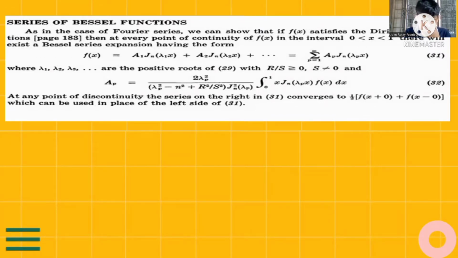Pwede siya maging susunod na term ganun ito: a sub 3 j sub n lambda sub 3 x. Parang tuloy-tuloy lang siya.